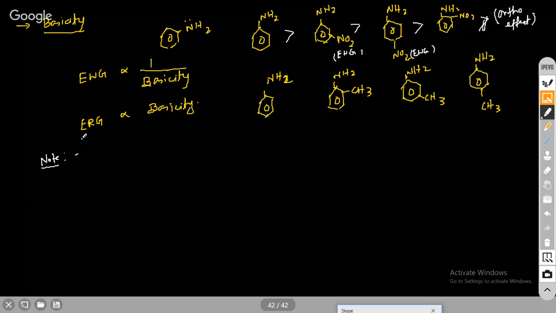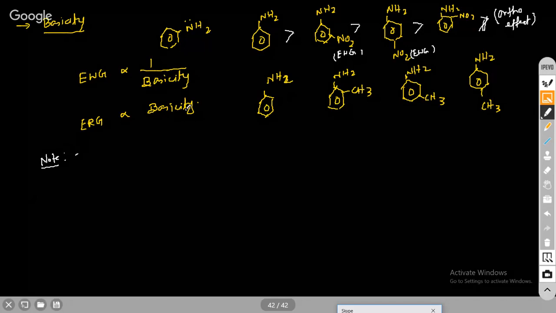This is known as ortho effect. Understood? So because of ortho effect, ortho substituted aniline is always weak base, right?